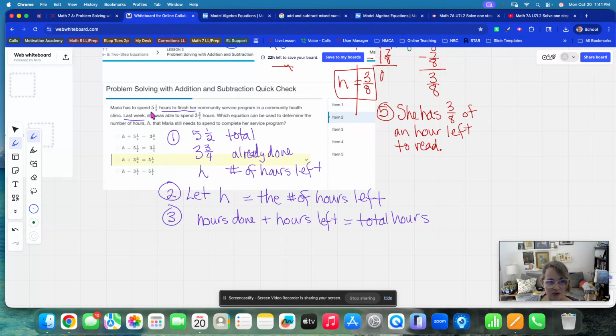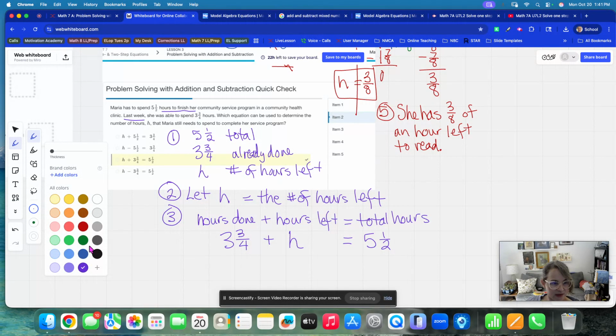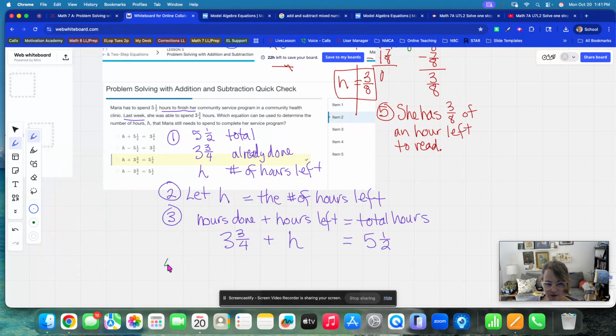Okay, so the hours already done is the 3 3/4. The hours left is H, we don't know that. The total hours is the 5 1/2. All right, let's solve. That's step 4. Solve.